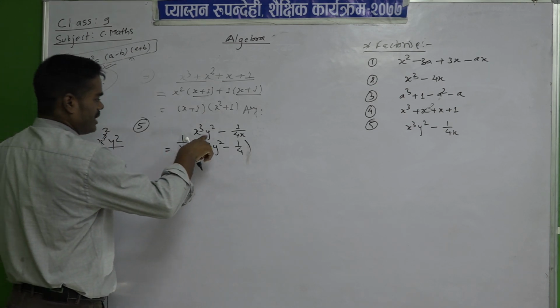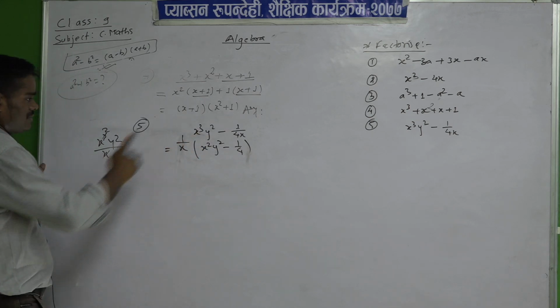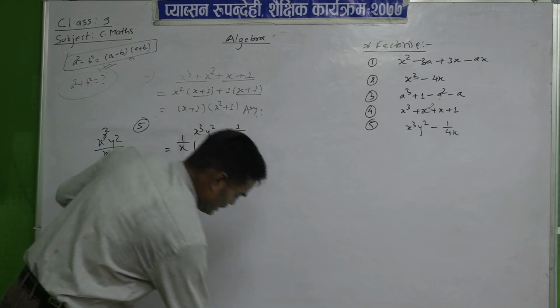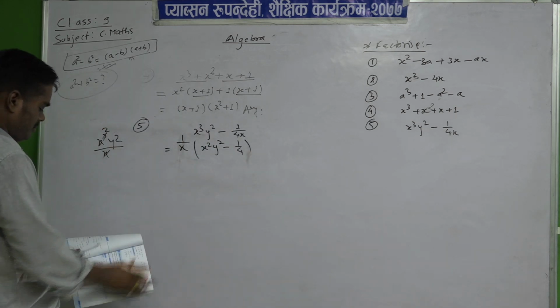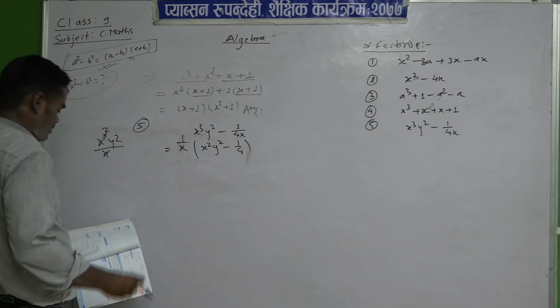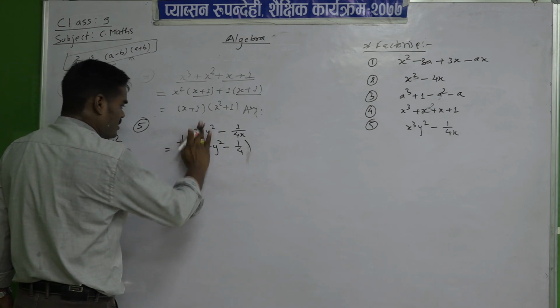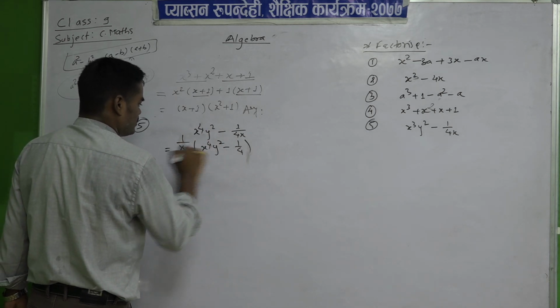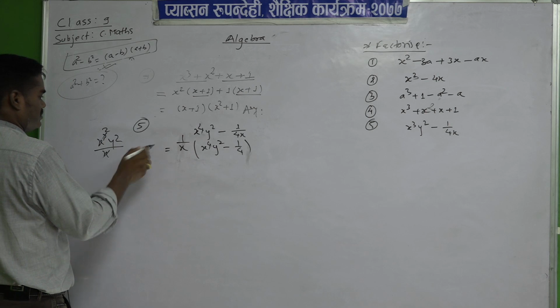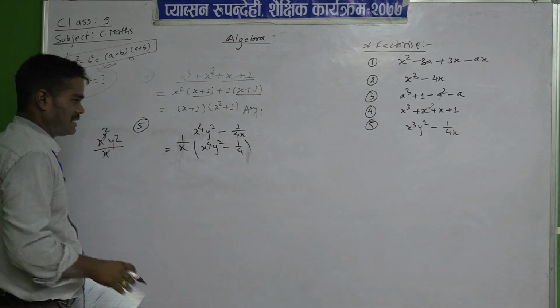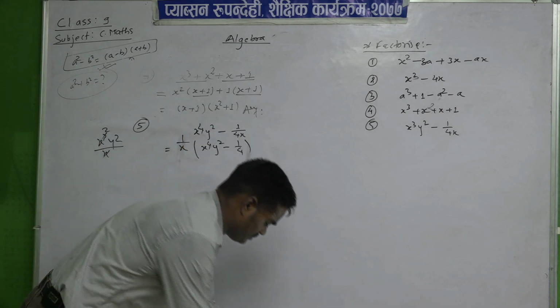X square y square, and then there x is common. It should be power 4, like this, because we have to multiply by x and divide by x.